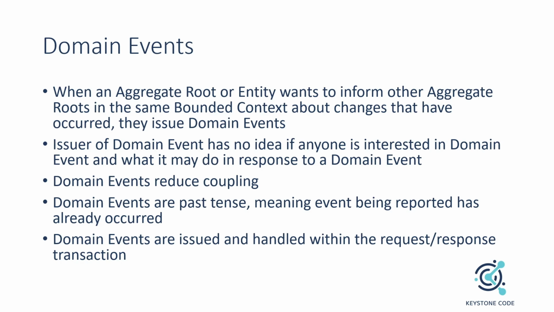And the domain event reduces coupling, because it means that of two classes, one class may have an interest when another class's state has changed. As I was saying with the order, the shipping label service or classes may be interested when a new order gets created. But the order class itself should not know that there's this thing called the shipping label and it cares.